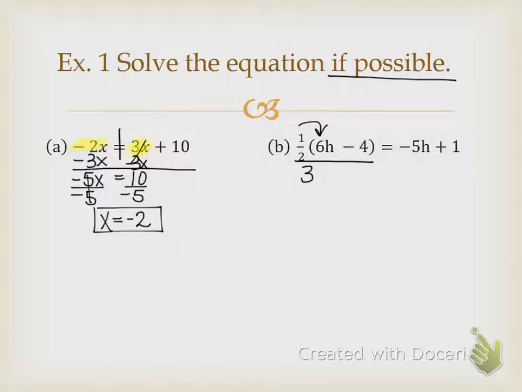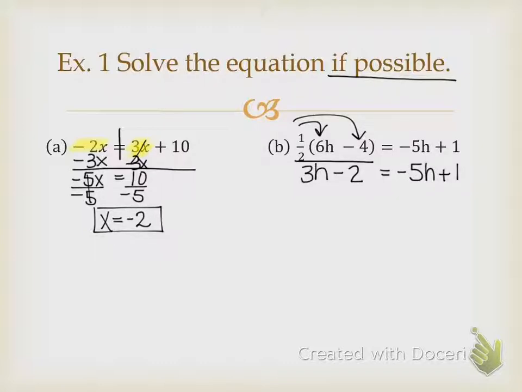Half of 6h is 3h, bring down the minus sign. Half of 4 is 2. So it's almost easier in this instance to just distribute that half. But again, if you want to multiply both sides by the reciprocal, go for it. It'll work. You just have to remember to multiply both terms on the right side.